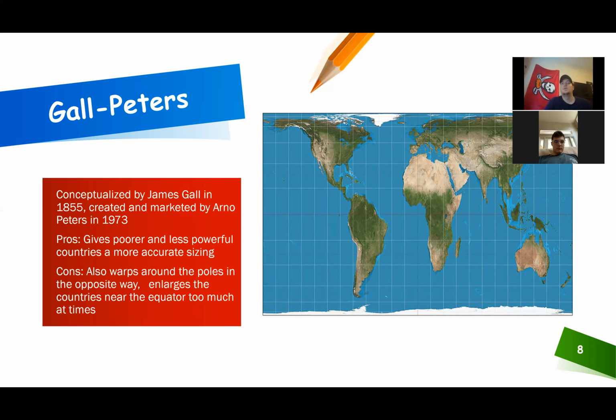This one stands out a little because Arno Peters was marketing it. He was pushing it and trying to sell this as a map in the 70s. Obviously, it looks very similar to the first map we saw, the Mercator map, but the difference is that this one also skews and warps projections, but more towards the equator.